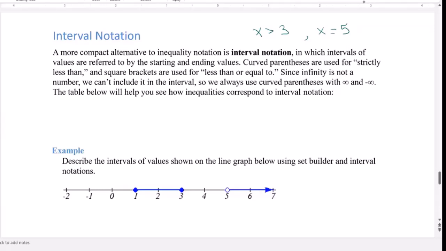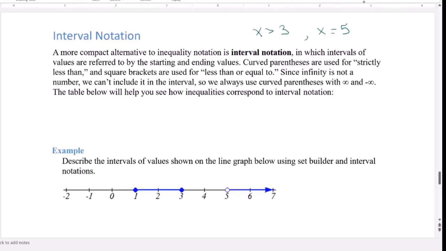So when I talk about interval notation, why we're calling it interval notation, because I have a starting point, I have an ending point, and I know that every single number in between counts.